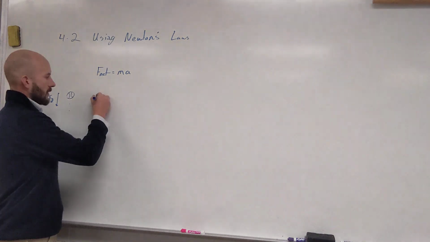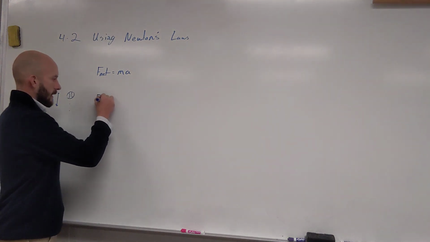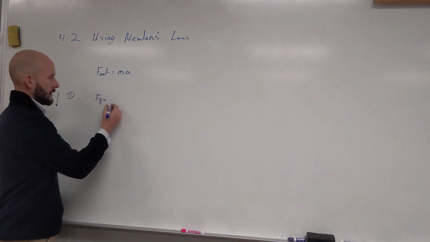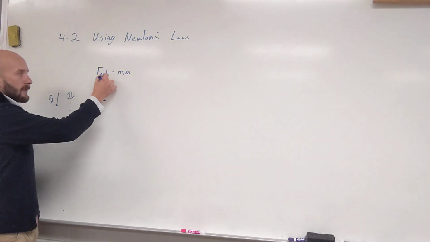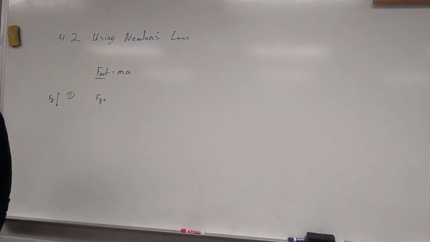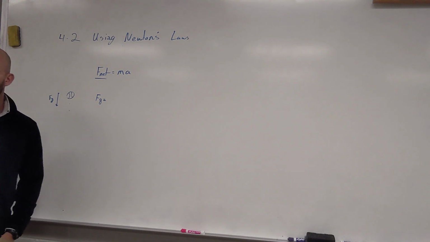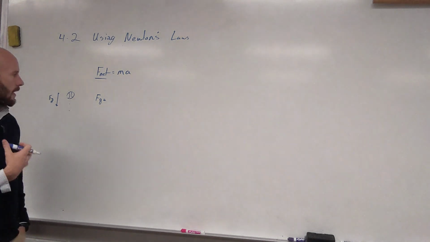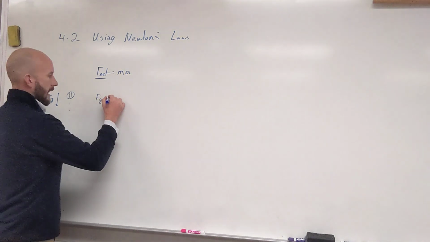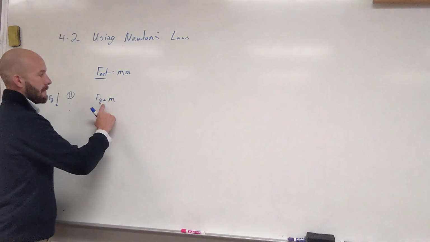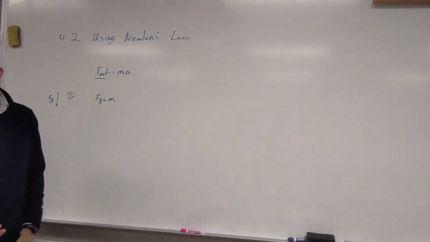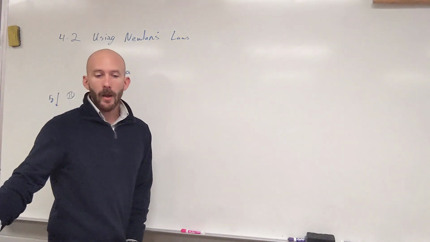In that context, the net force is F sub g if it's in free fall, so we're ignoring air resistance. Then that is equal to its mass times its acceleration, which is 9.8.